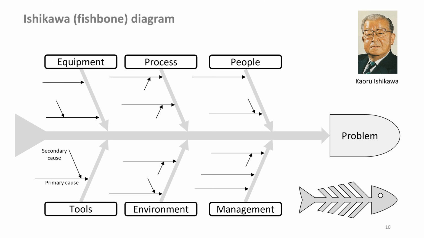This subdivision into more and more specific causes continues as long as the problem areas can be further subdivided. When the fishbone is complete, we have a complete picture of all the possibilities of what could be the cause of the named problem.